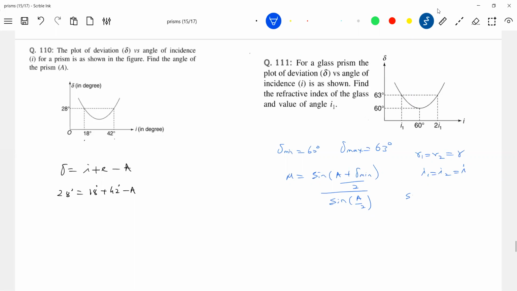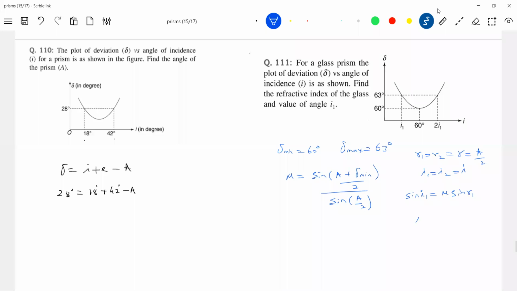So sine I equals mu sine R. And what is R1 plus R2? This should be equal to A, the angle of prism. So R should be equal to A by 2.